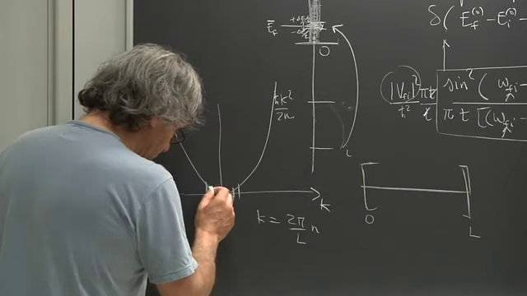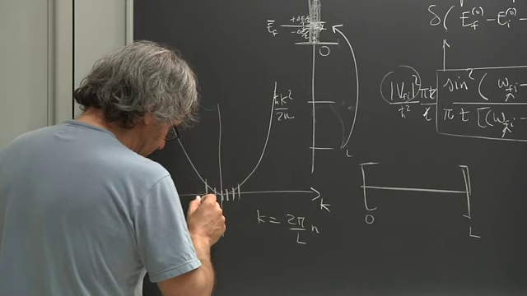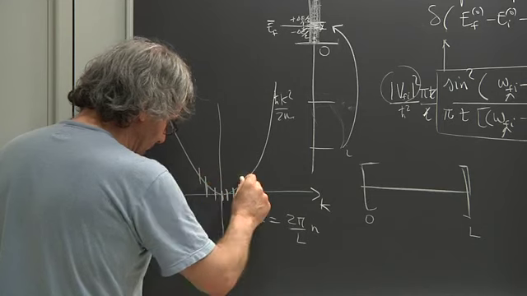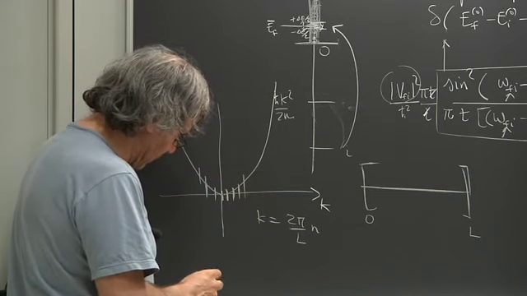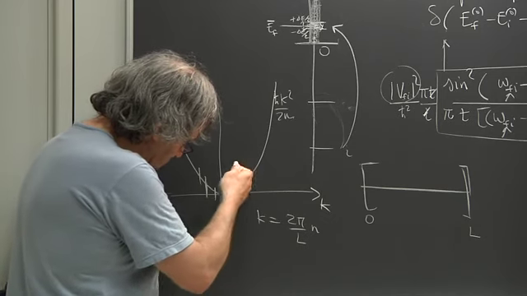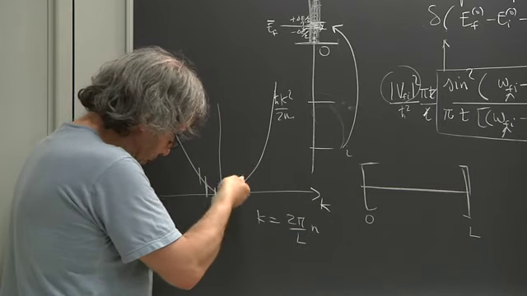Now, if I want to count the number of levels that there are in a certain energy interval, I must notice, for instance, that since the curve is going kind of flattish here.